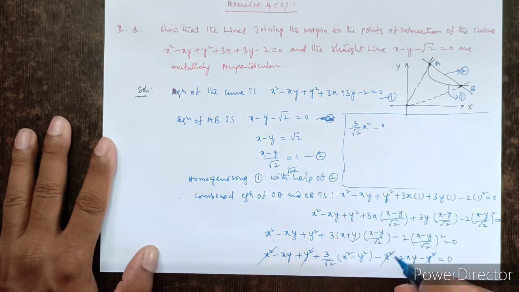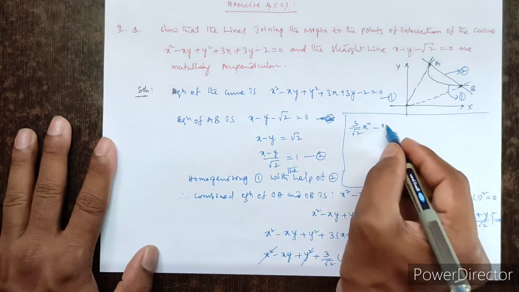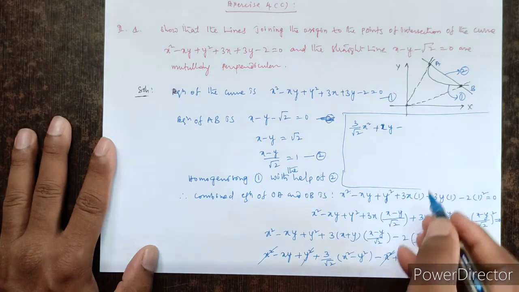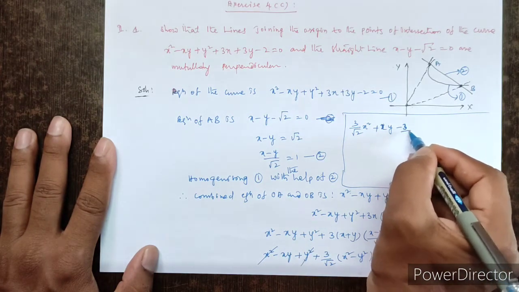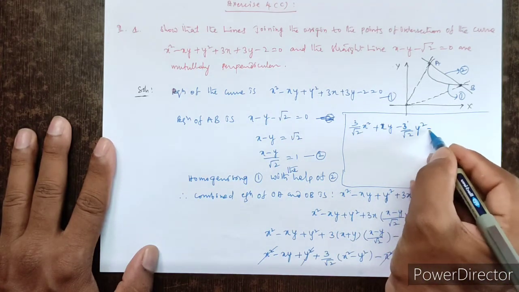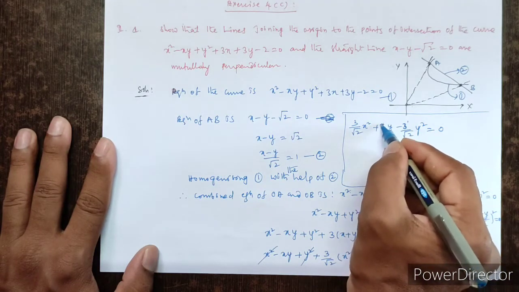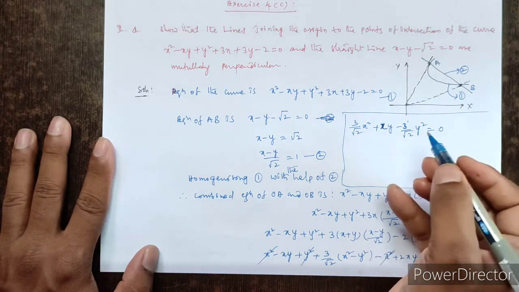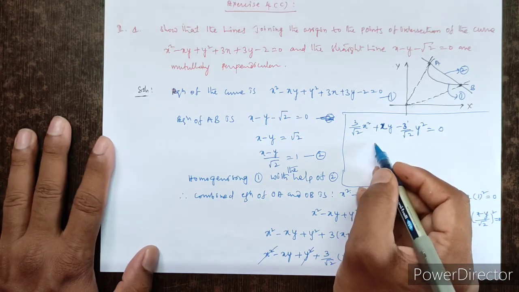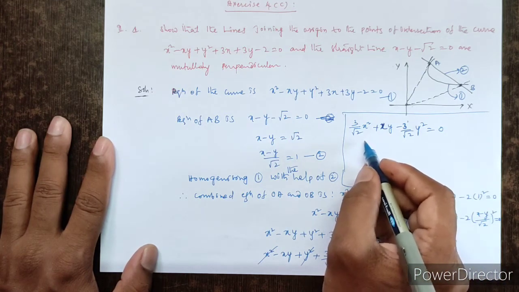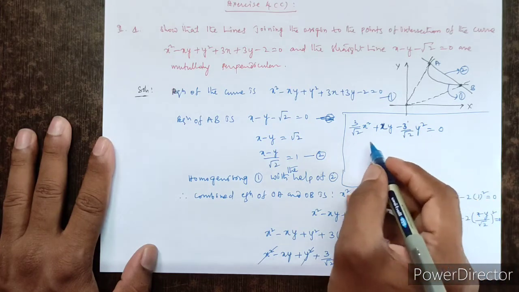For the xy term, minus xy plus 2xy is nothing but plus xy, minus 3 by root 2 y square equal to 0. So this is of the form ax square plus 2hxy plus by square equal to 0. So finally we got a homogeneous equation. Compare with ax square plus 2hxy plus by square equal to 0.